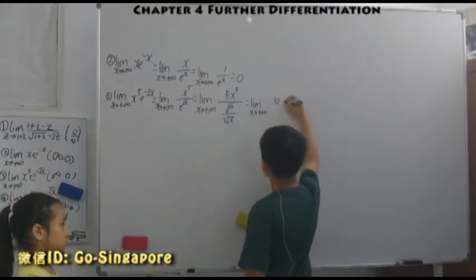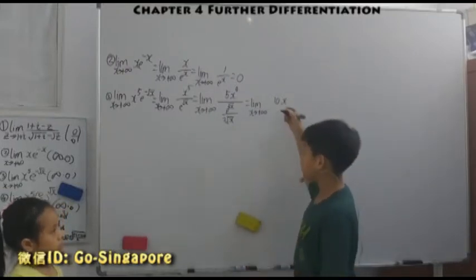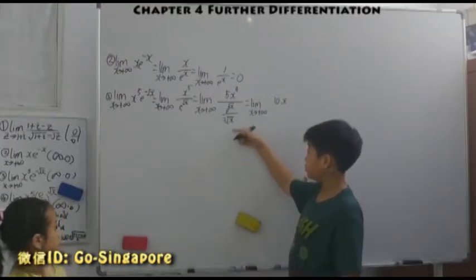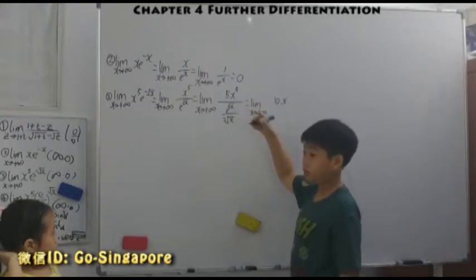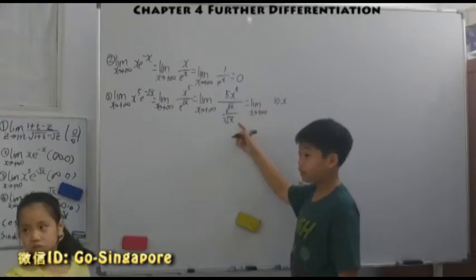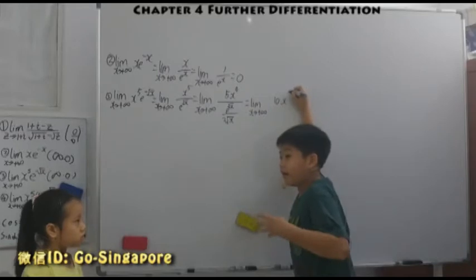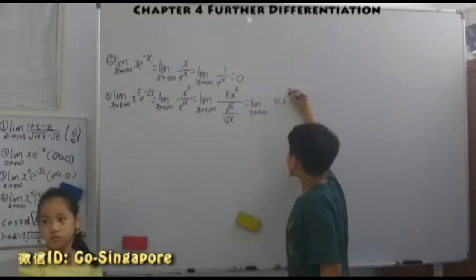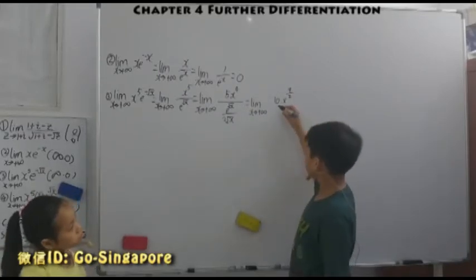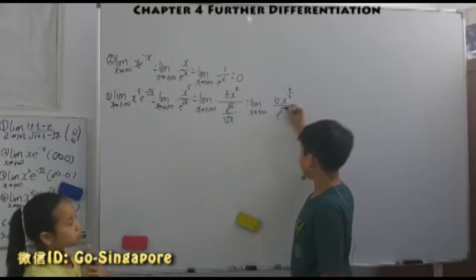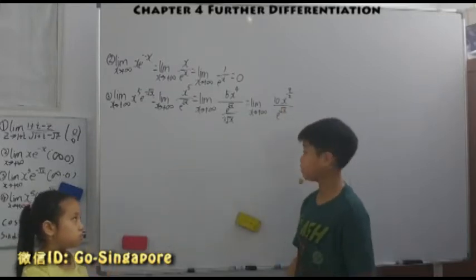There's this 10 and this x to the power of, remember here's one more. This thing flips to the top. This is the half, right? So is this a 9 half? Then this over e to the power of square root x.